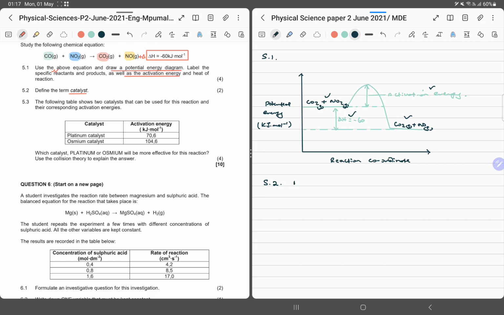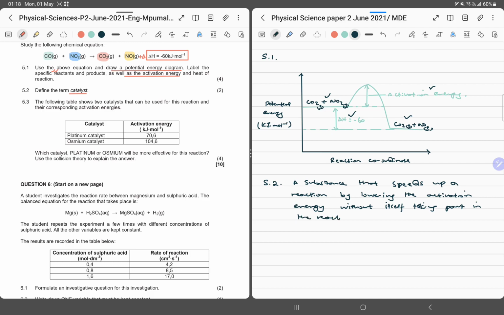We can say it's a substance that speeds up a reaction by lowering activation energy without itself taking part in the reaction.